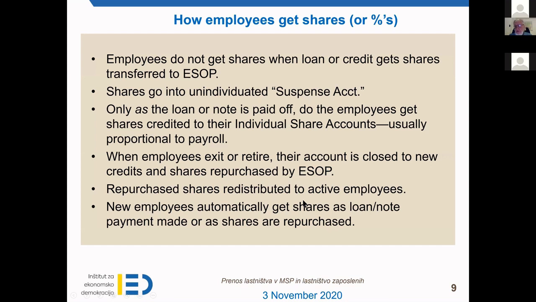So the big picture here is that the ESOP is a permanent ownership component of this company, keeping the ownership in the hands of the active employees, and that means keeping it in the hands of that community. So the capital, the jobs, the income, the taxes are all anchored in whatever community where the firm is located.